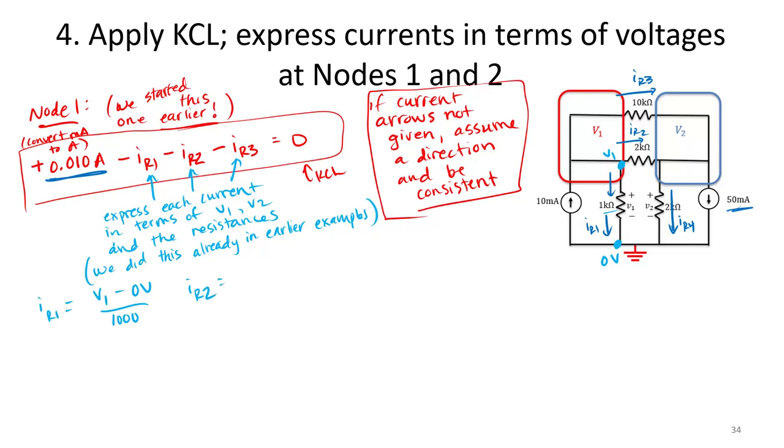From before, we also determined that IR2 was simply equal to V1 minus V2 divided by 2000 ohms. And finally, IR3 was equal to V1 minus V2 divided by 10,000 ohms.